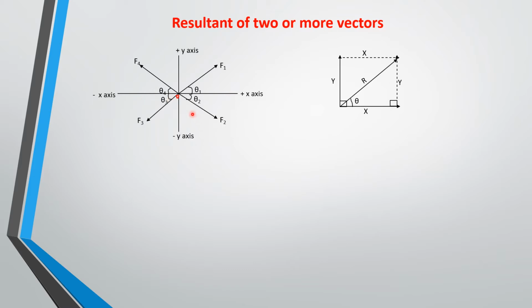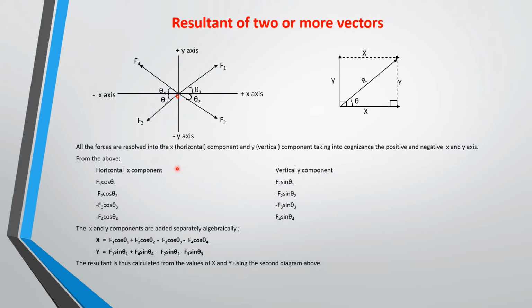How you will do this is what I've summarized down below. You take cognizance of the horizontal component and the vertical component of each of the forces.